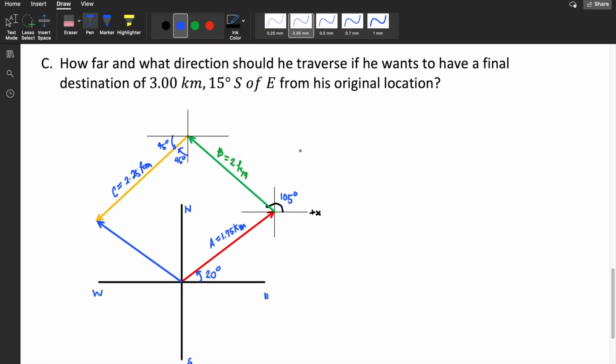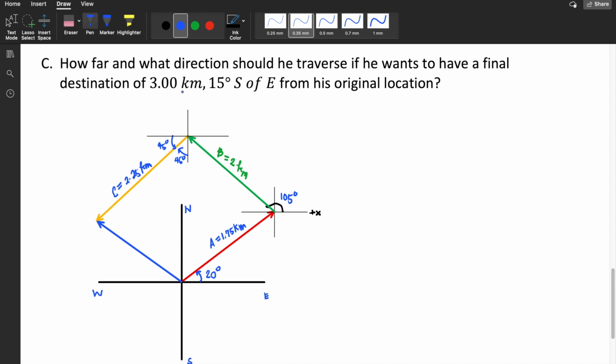Lastly, for letter C, how far and what direction should he traverse if he wants to have a final destination of 3 kilometers 50 degrees south of east from his original location? For this case, this is a little bit tricky problem. Take note that the magnitude and direction given is his final destination.